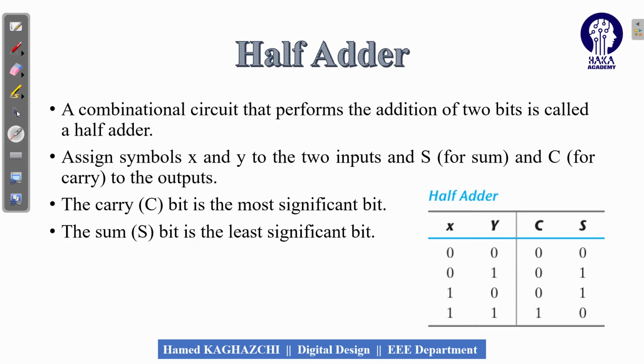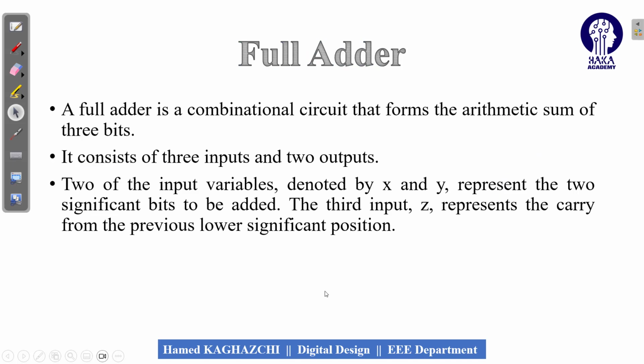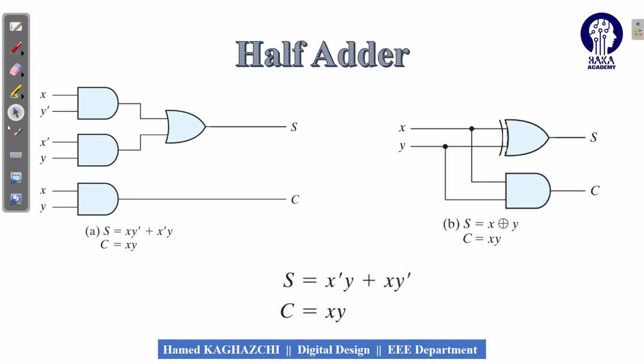We can say that C is equal to x and y, and S is equal to x XOR y. Using this concept, we can write S as x prime y or x y prime, or in this form.